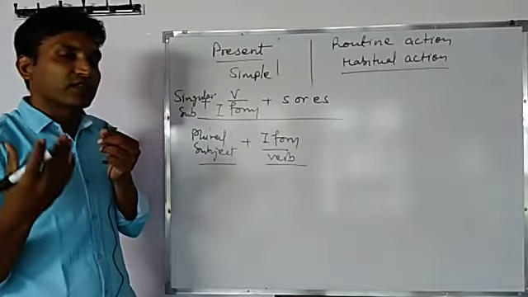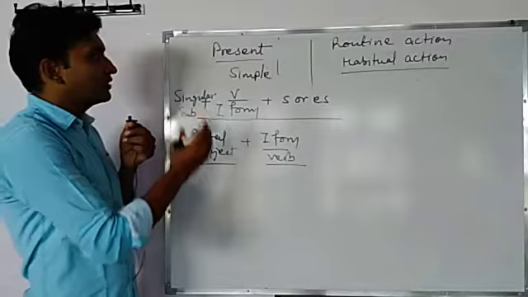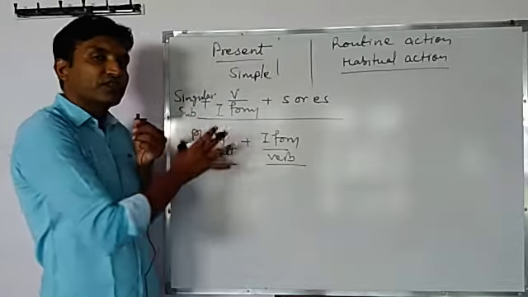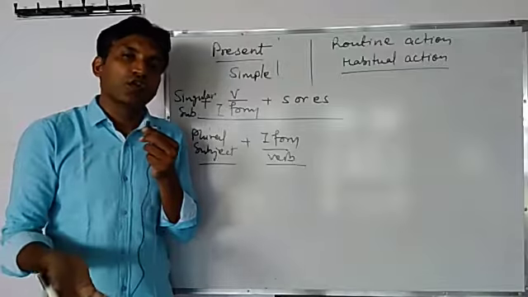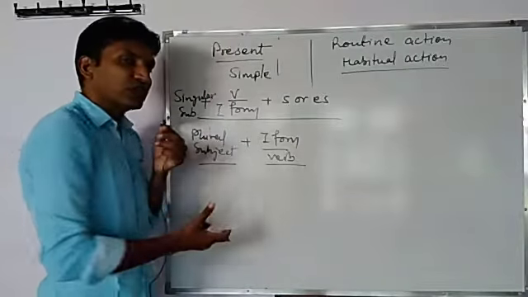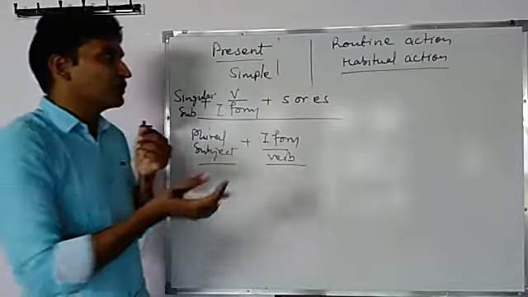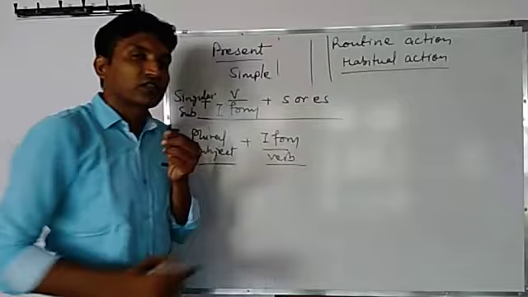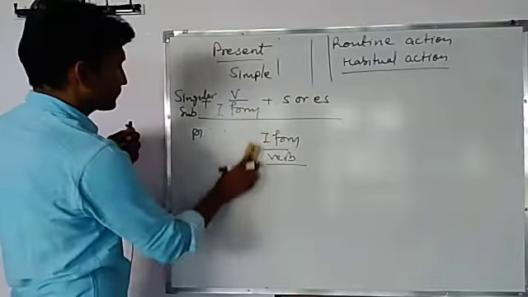So many things are there where present simple is used. But first we will discuss the base of present simple: positive sentences, negative sentences, interrogative, negative interrogative. Such types of sentences we will discuss today, and in the next video lecture I will discuss the uses of present simple. Okay, so let's start.